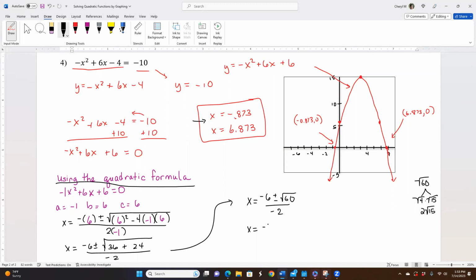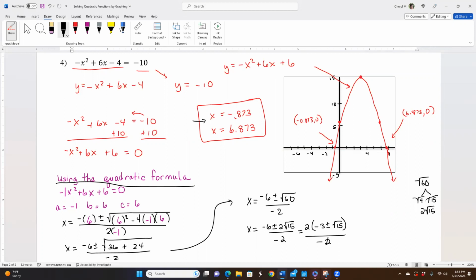So we can write this as negative 6 plus or minus 2 root 15 over negative 2, which simplifies because you can factor a 2 out of both of those terms. Oops, that's a negative 2. And you would get negative 3 plus or minus the square root of 15 over negative 2.